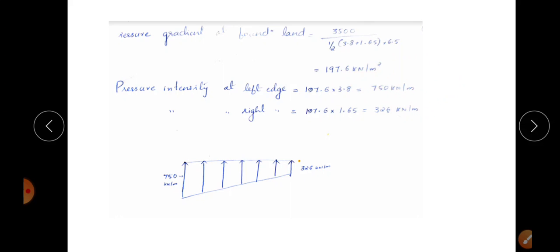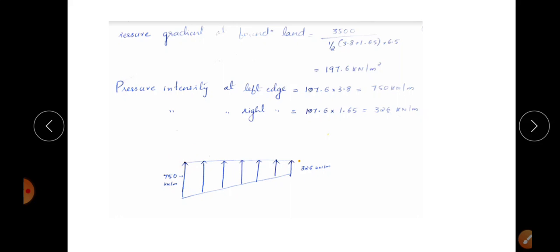And at the right hand edge, the pressure intensity will be 197.6 into B2, that is 1.65, that is 326 kilonewton per meter. It is like this because at the left hand edge the pressure intensity is higher than at the right hand edge, because here the dimension is somewhat more. So this is the complete design of the trapezoidal footing.